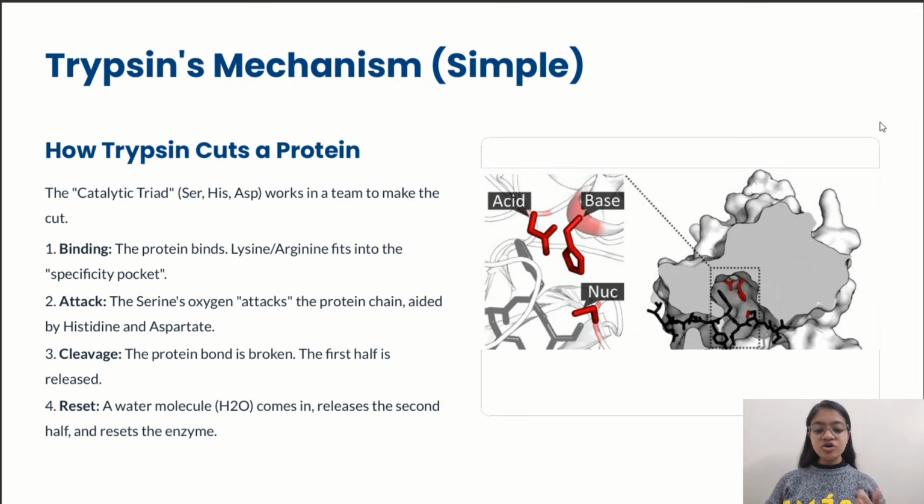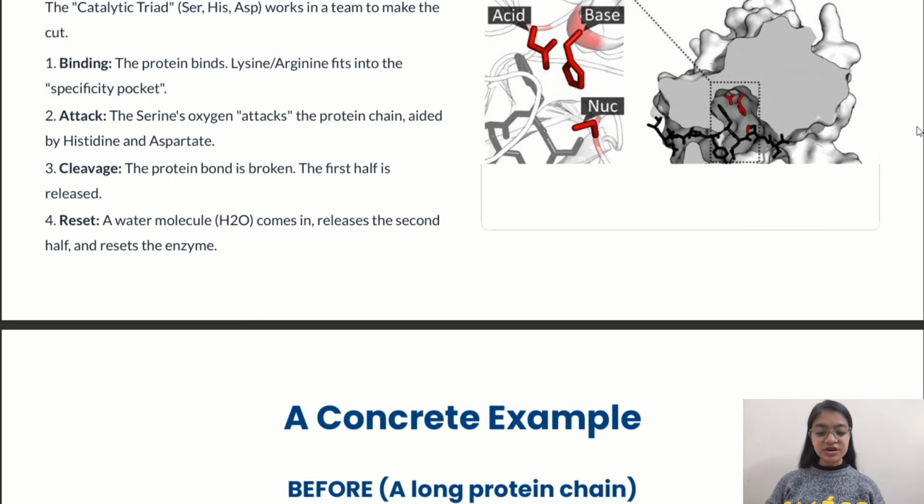Now let's walk through the two main steps of the chemical cleavage, or cutting, of the protein bond. The first is breaking the first bond, and the second step is resetting the enzyme. So the first step, breaking the first bond. The protein chain is locked in place via the specificity pocket.